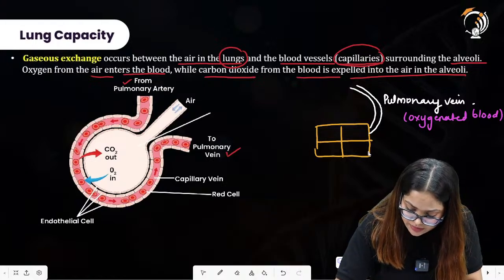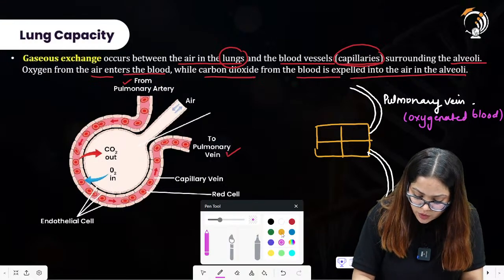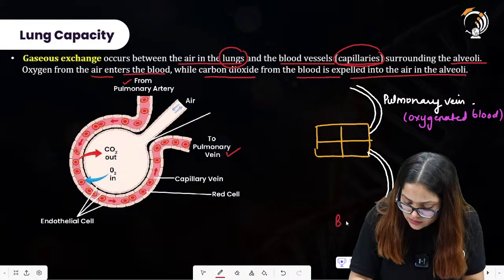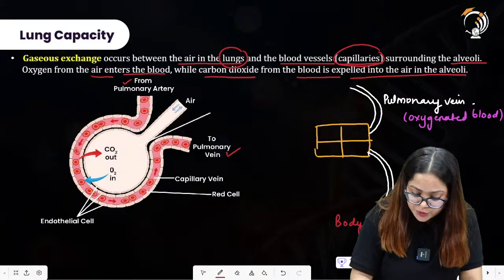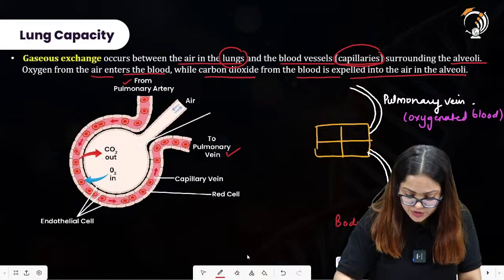The oxygenated blood will leave the heart and go toward the body, for the cells to utilize this oxygen to carry out the respiratory reactions.